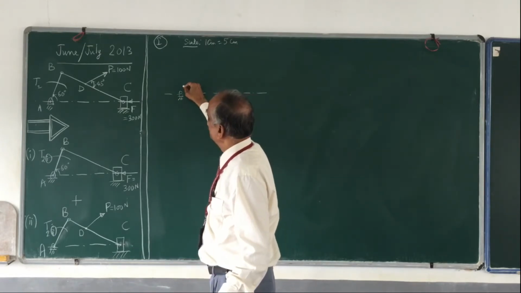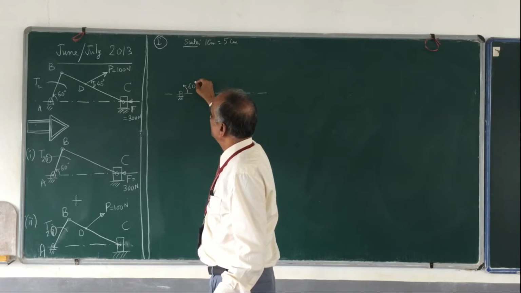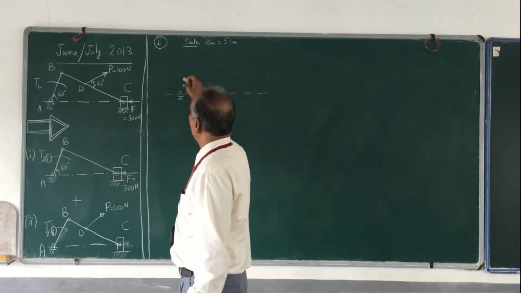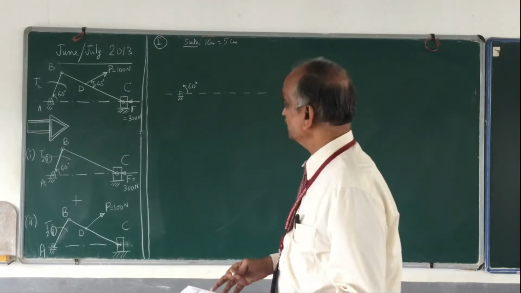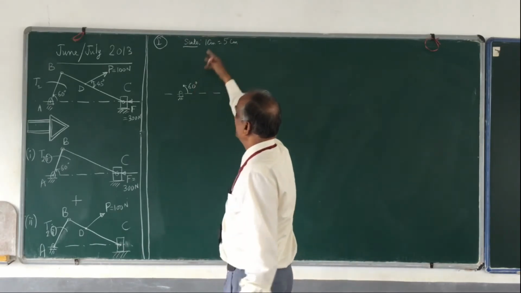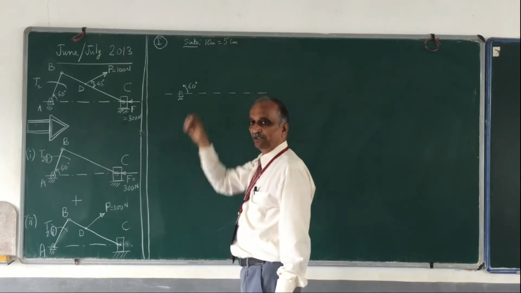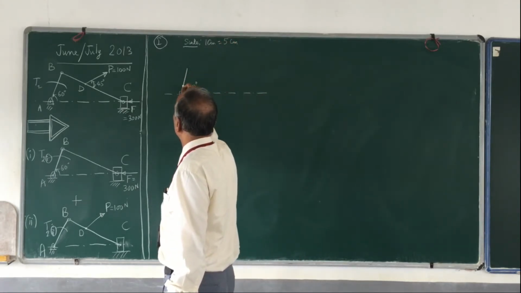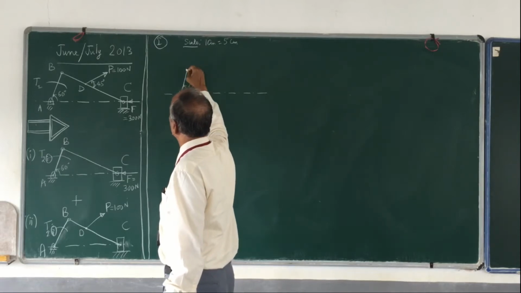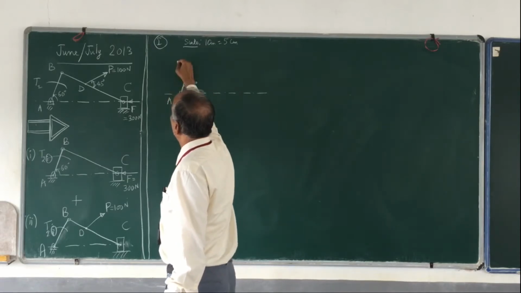You measure this 60 degrees. Then draw a line. AB is supposed to be 10 centimeters, so in our diagram, 10 centimeters divided by 5 is 2 centimeters. I need to draw a line of length 2 centimeters. This is 2 centimeters. This is A and this is B.